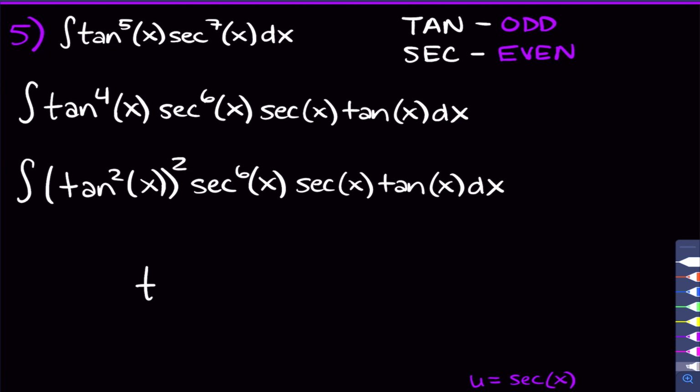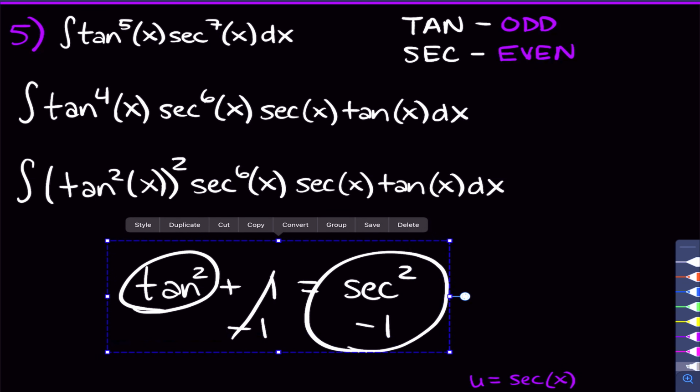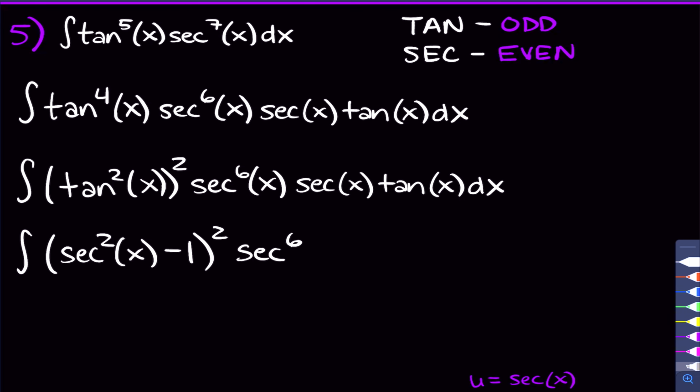And remember that identity is tangent squared plus 1 equals secant squared. If we want to plug in for tangent squared, we just need to subtract 1 on both sides of this identity. And we're going to get that tangent squared is secant squared minus 1. So let's plug in. We get the integral of secant squared minus 1 squared times secant to the sixth of x times secant x tangent x dx.